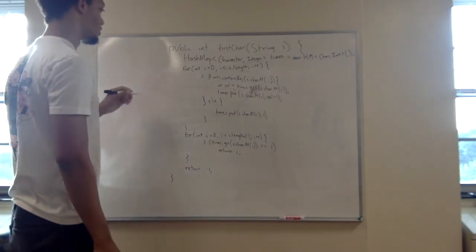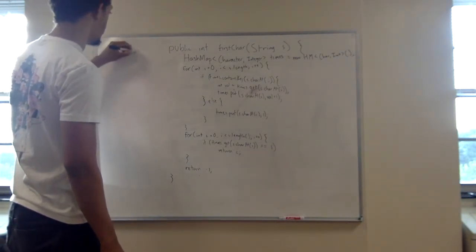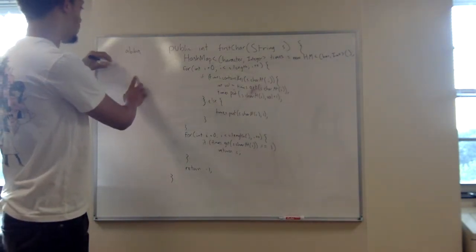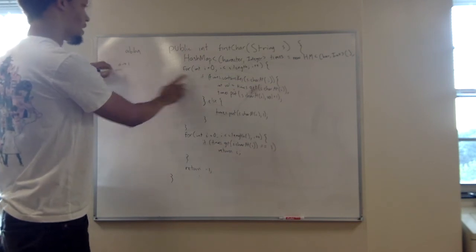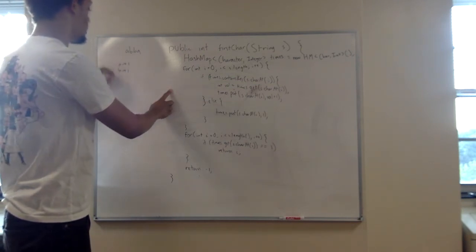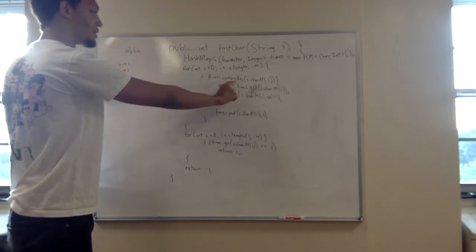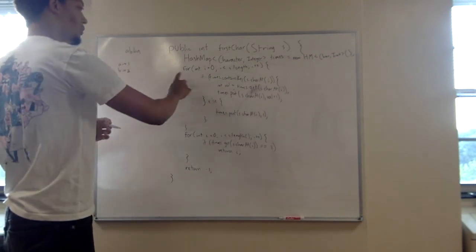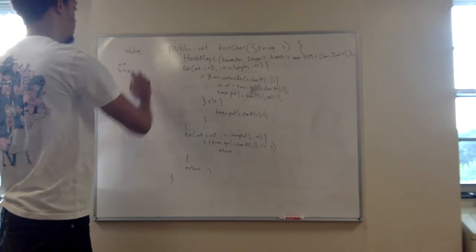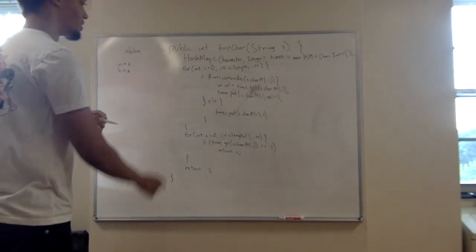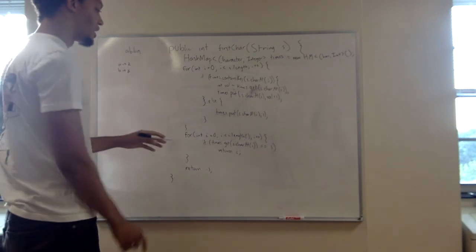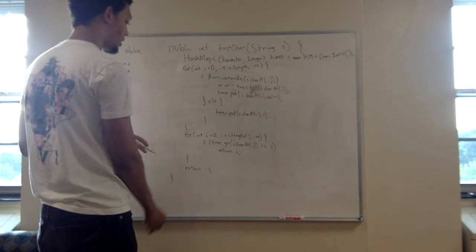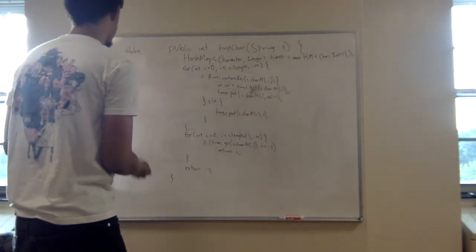We'll try it on the string A, B, B, A. As we go through, A will point to 1, then B will point to 1, then we'll get to B again, and we'll see that times contains B, so we'll update that to be 2, and then finally we'll get to A again, which is already in the hash, so we'll change this to 2. Once that happens, we'll go through this array again, but at each index, none of the characters will be equal to 1, so we'll skip out of the for loop and end up returning -1, which is the correct answer for this.